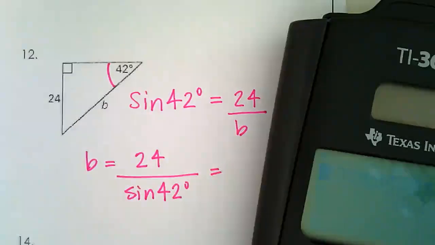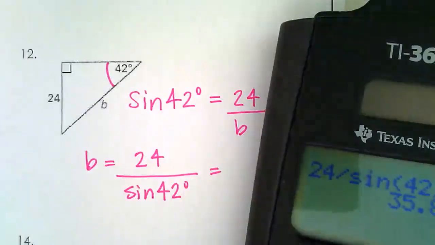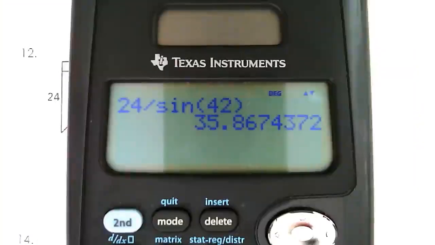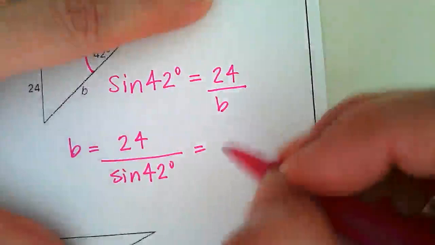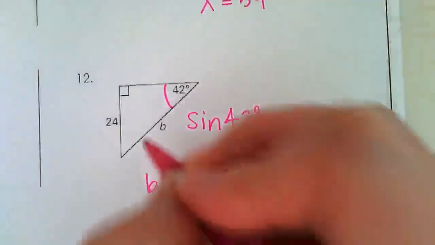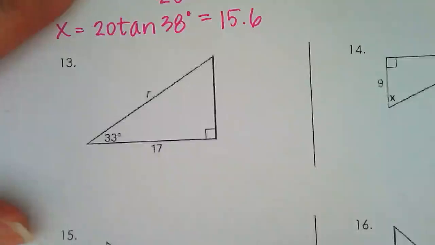Grab the calculator, clear that away. 24 divided by sine of 42, and I'm getting 35.9. 35.9 for that length. All right, number 13.